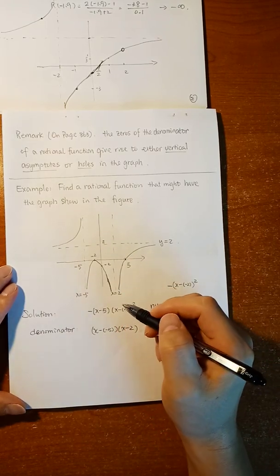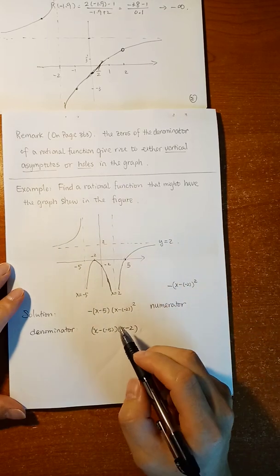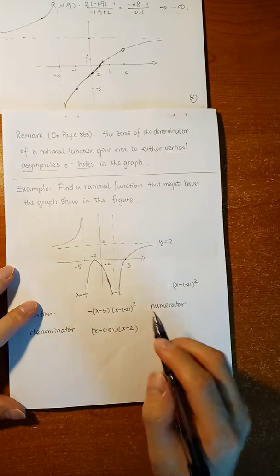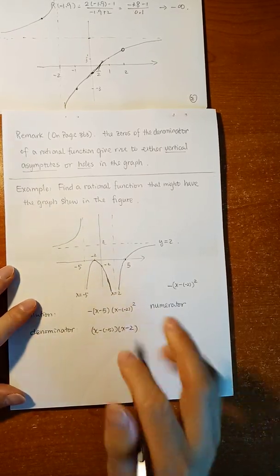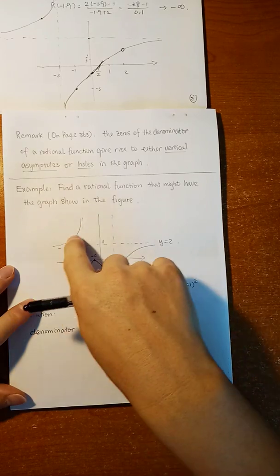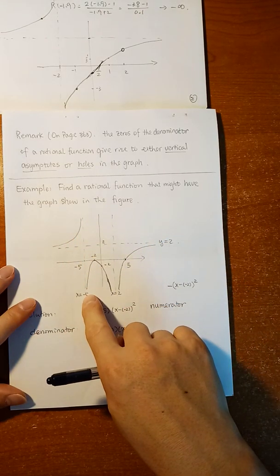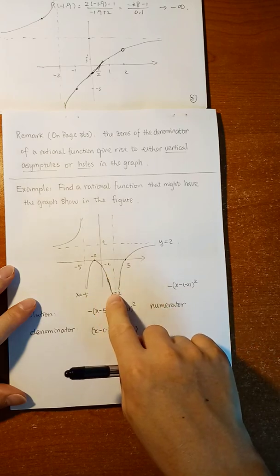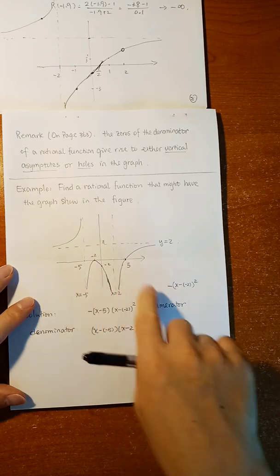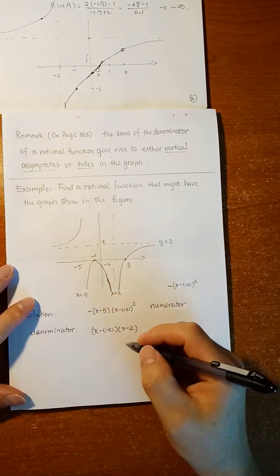This is the denominator. These two factors just guarantee we have the asymptotes, but I don't know if they go to positive infinity on the left, negative infinity on the right, negative infinity on the left, or positive infinity on the right. I have no idea about the direction, so let's check it.